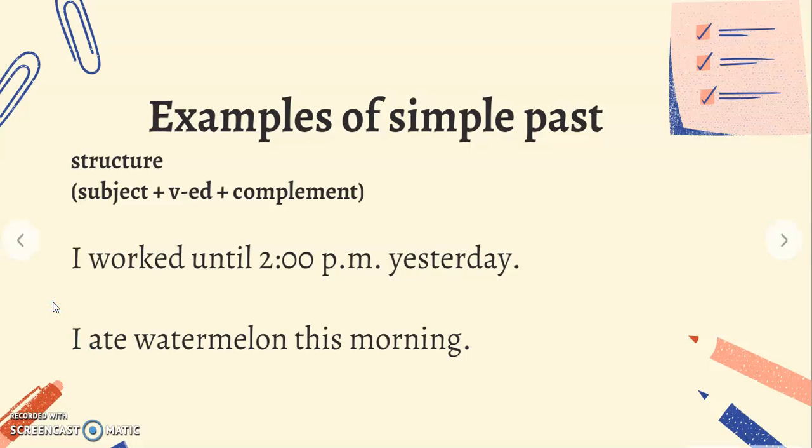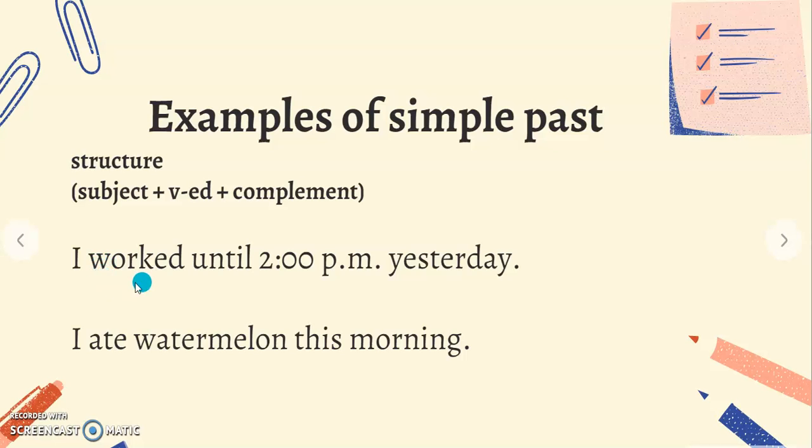In the first sentence, I have subject, I have the verb with ed, and I have the complement. In this case, I have subject, I have the verb, but without ed, and I have the complement. Why? In one sentence, I have ed in the verb and the other not.